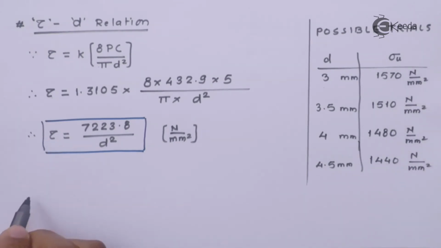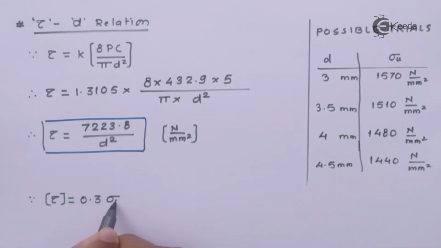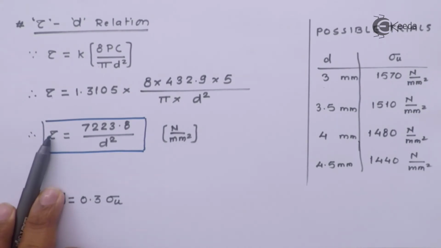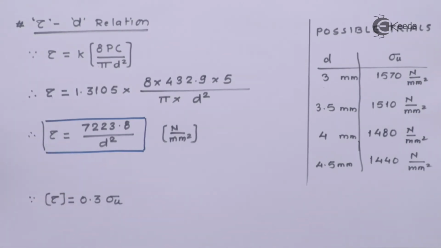Now safe value, we know that we'll put it in the bracket. Safe value for this given problem is 30% the ultimate, so it becomes 0.3 times the ultimate value. So for every combination we will find out this value, we will compare the allowable value with the induced value, and if it is going to be safe, the design is going to be safe in trial and error method.